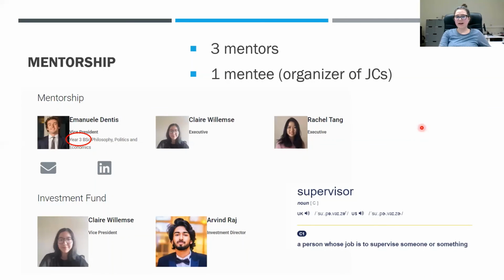So I thought, why couldn't we have free mentors, for example, for that one organizer of a journal club? And the thing is that we would probably need third year or at least second year students who are studying something related to genetics or biochemistry and could really advise.